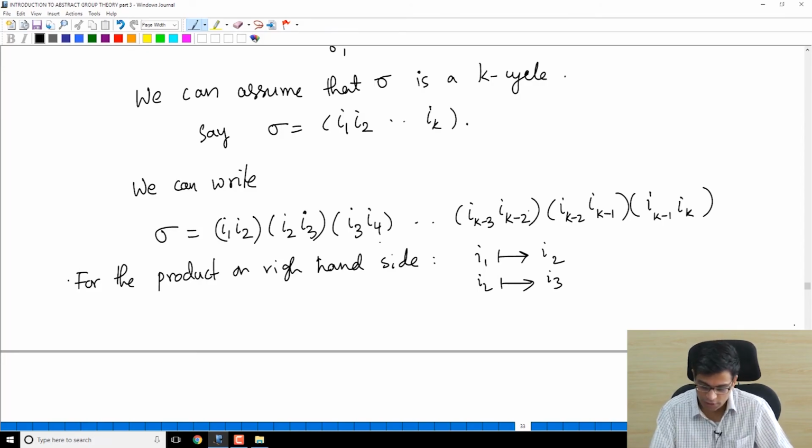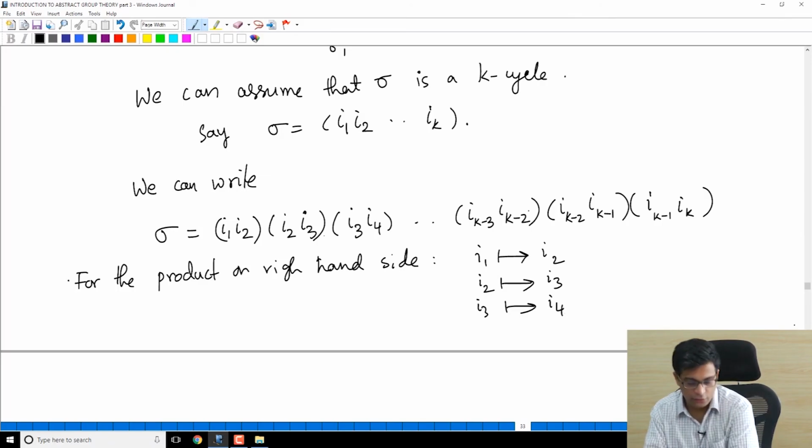So i2 will not appear there. I2 will go to i3 here. Possibly we have to go left and see, but i3 does not appear in the previous one. So i2 will go to i3 under the product. What happens to i3? I3 will not appear until we hit i3, i4, and here it will go to i4. But then i4 no longer appears again. So i3 goes to i4 and so on.